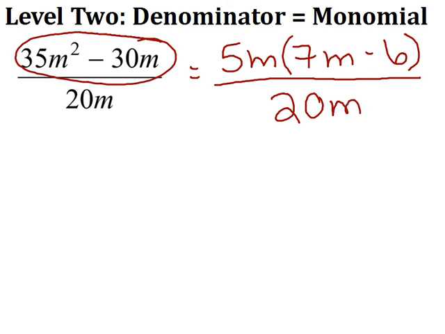Now, thinking back on level 1, because these two things are multiplying by each other right there, I can still reduce them like I was doing in level 1. My coefficients here, I can reduce. So 5 goes into 20 four times, and 5 goes into itself once.